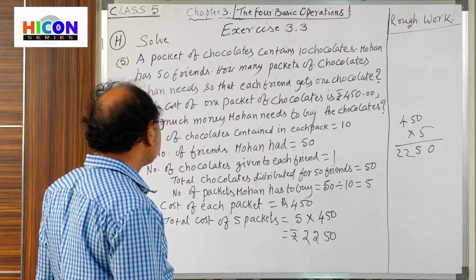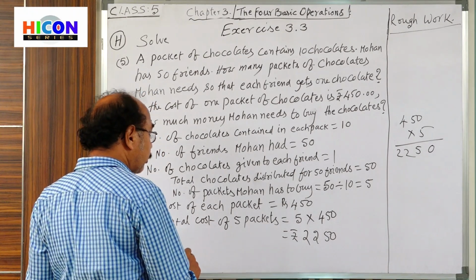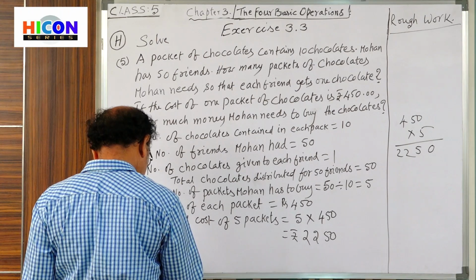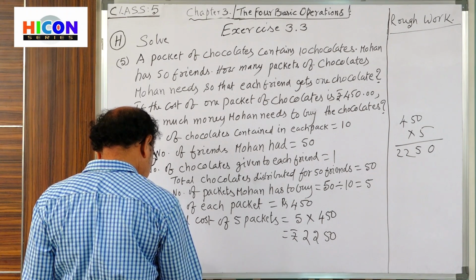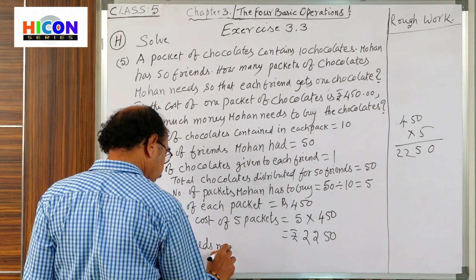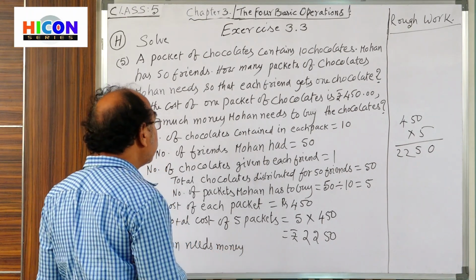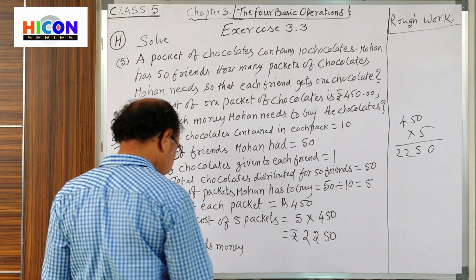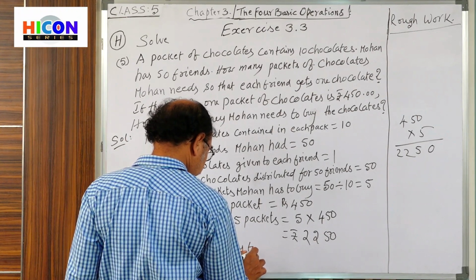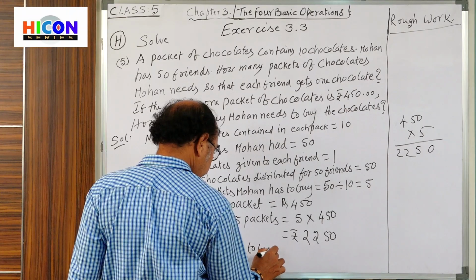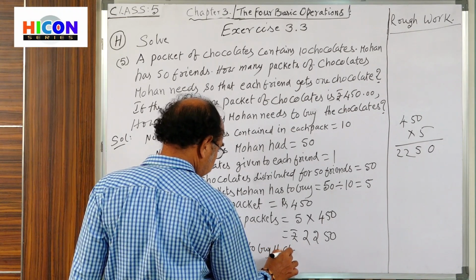So Mohan needs the money. Therefore, Mohan needs money to buy the chocolates.